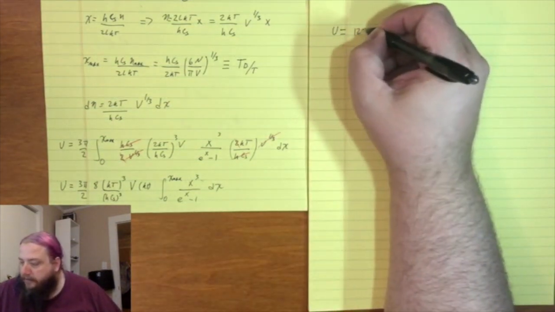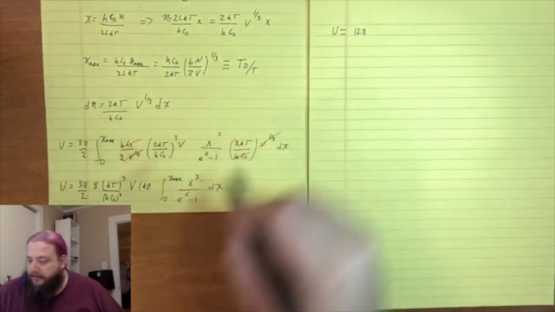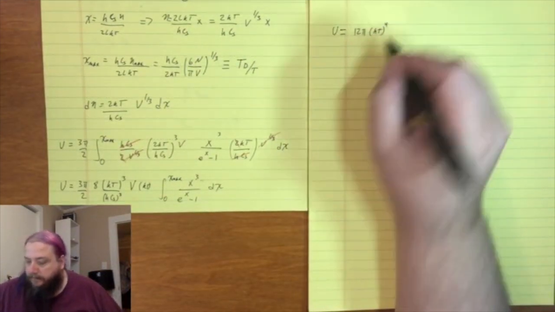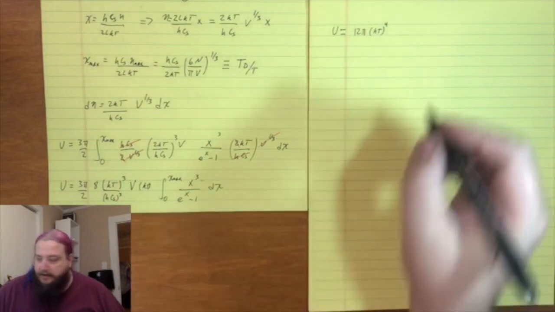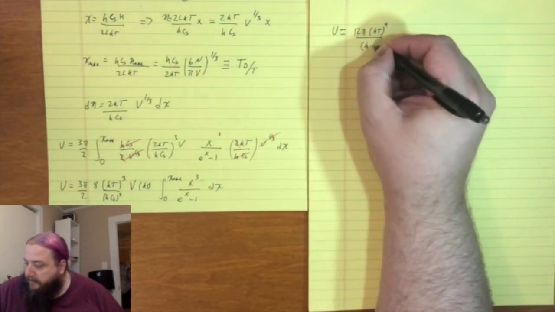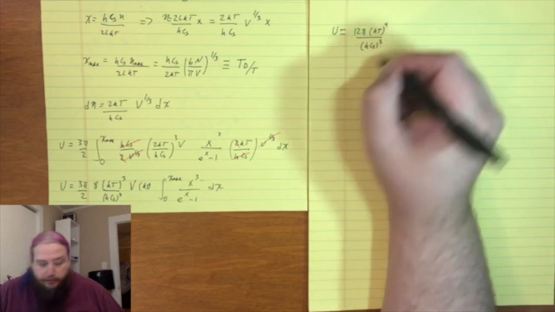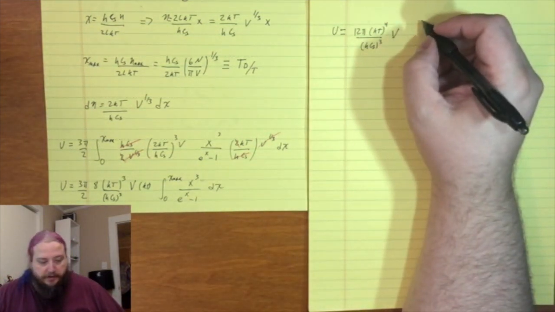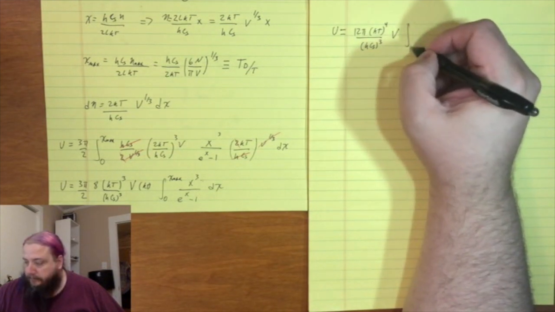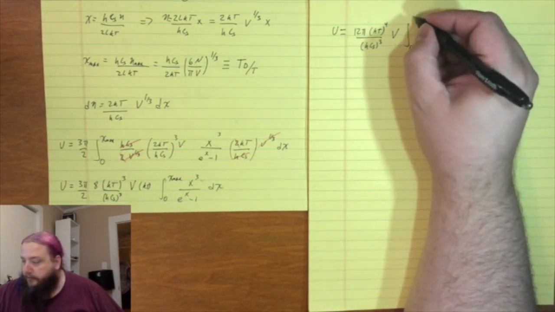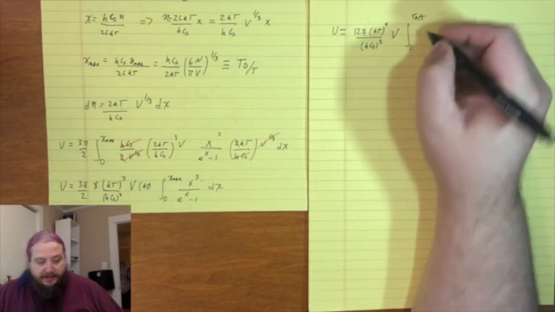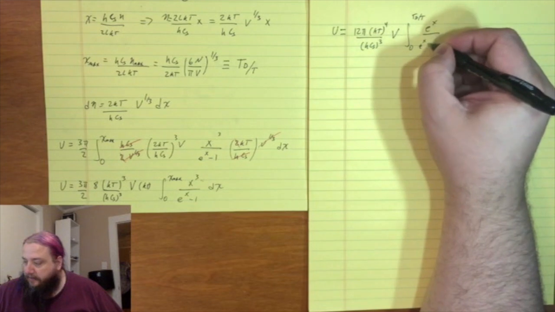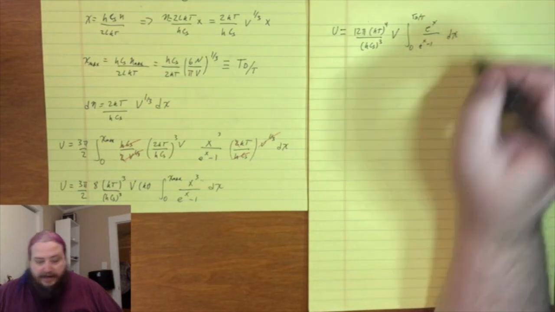So this is 12 pi out in front, kT to the 4th, again over Planck's constant and the sound speed cubed times our volume term, times the integral from 0 to T_D over T of x cubed over e to the x minus 1 dx.